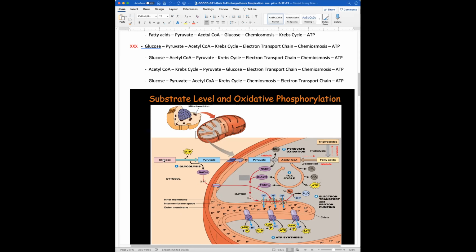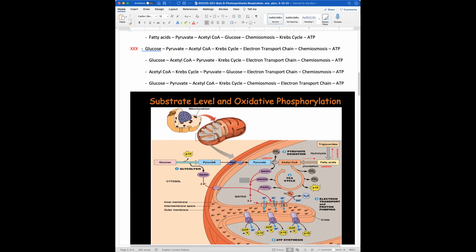So starting with glucose here, the next step is pyruvate, which is then converted to acetyl-CoA, the first step in the Krebs cycle. So the Krebs cycle is next. That produces reducing power for the electron transport chain, the next step, which leads to chemiosmosis, and that makes ATP. So that's the correct sequence in answer to that question.